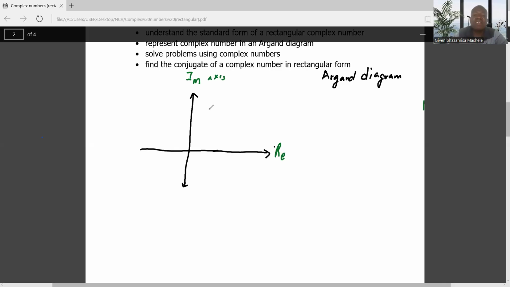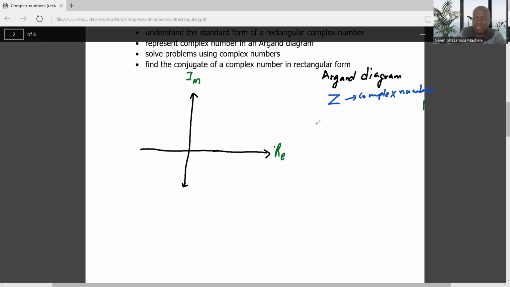So within this Argand diagram, we can represent our complex number. For example, let's assume we are given the following. It's just an example. I will use the symbol Z to represent a complex number.